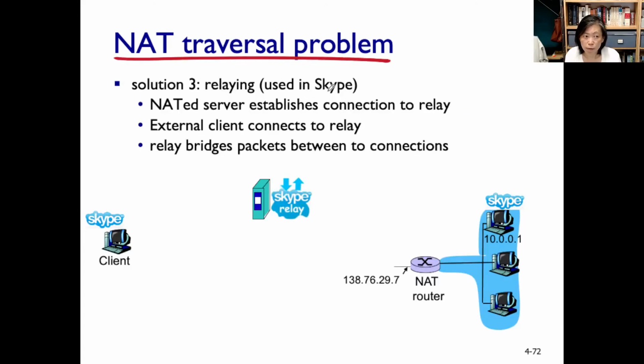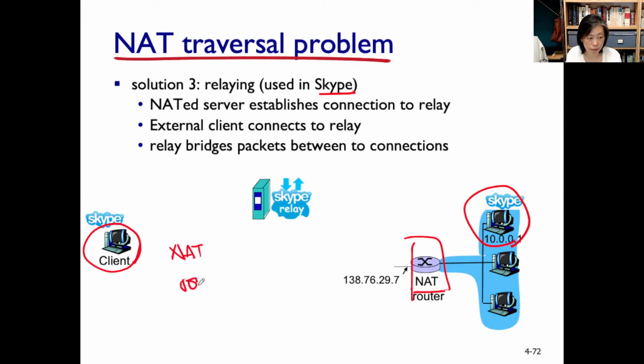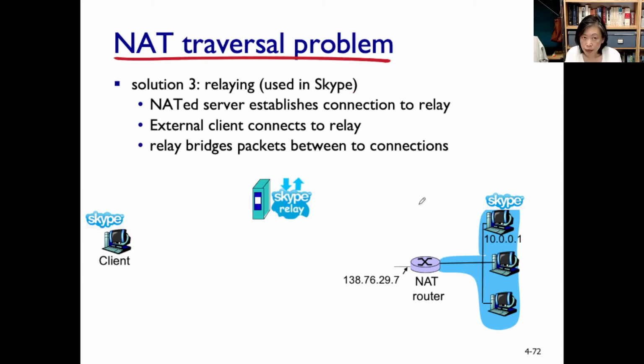Solution 3 might be familiar. We introduced the mechanism when we talked about Skype in chapter 2, the P2P applications. The problem is that Skype clients nowadays, like you and me, are often behind NAT routers. This guy here is also behind a NAT router, so they won't be able to call each other directly. Instead, in Skype, we find supernodes, such as this one in the middle.